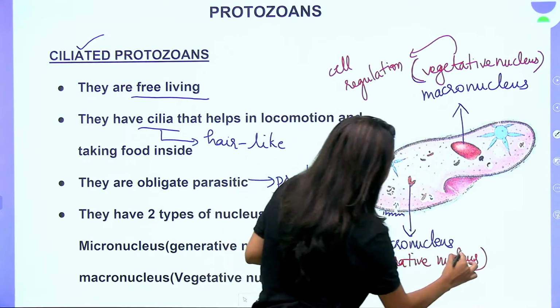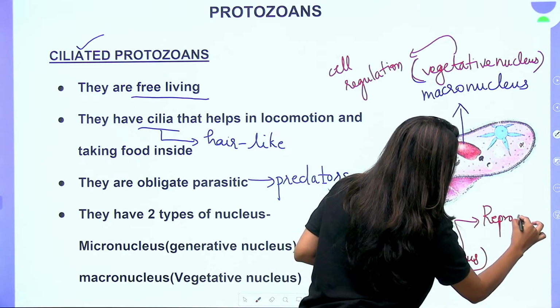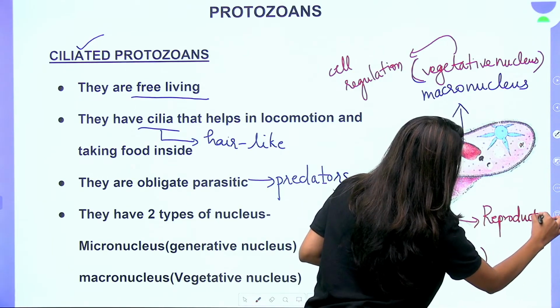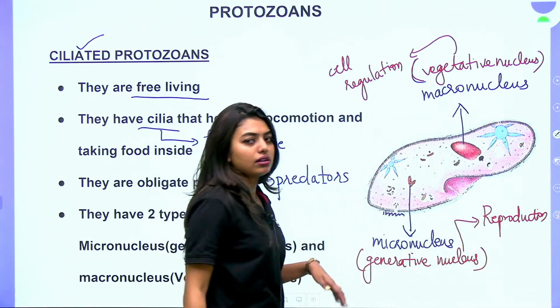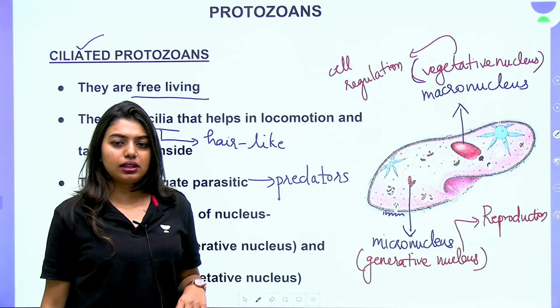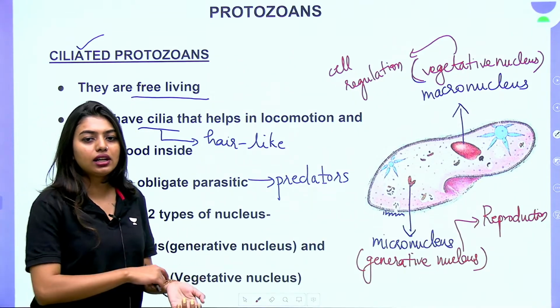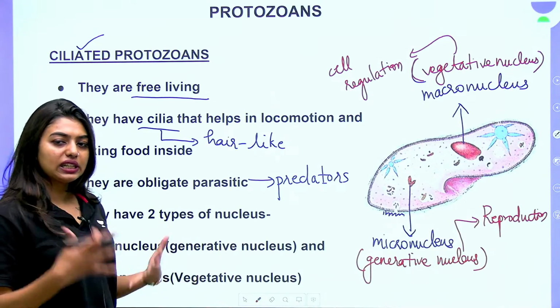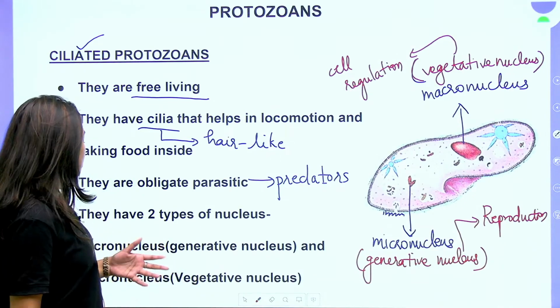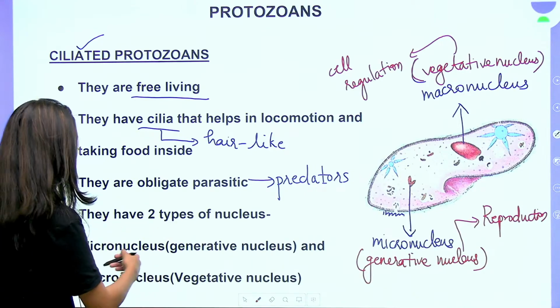And this generative nucleus will do all the reproduction, all the reproductive activities will be done by it, okay. Yes, good. Few of you have written, few of you have not written. Students, when you are in the class, take maximum utilization of the class. Don't go and watch the video again and then sleep, okay.